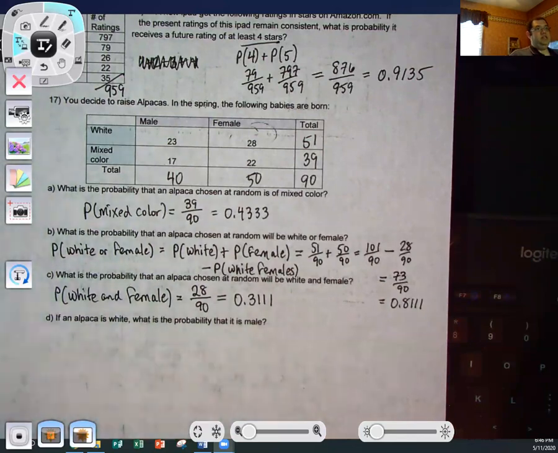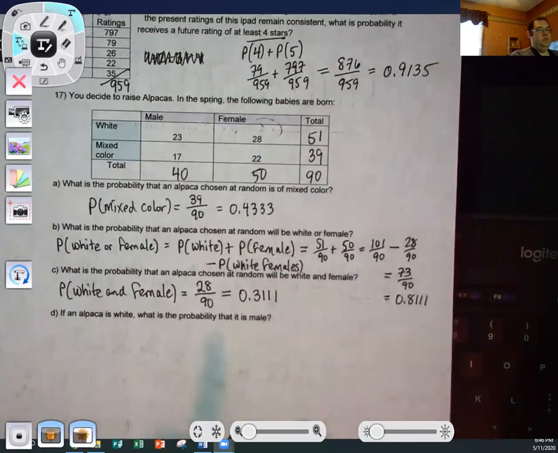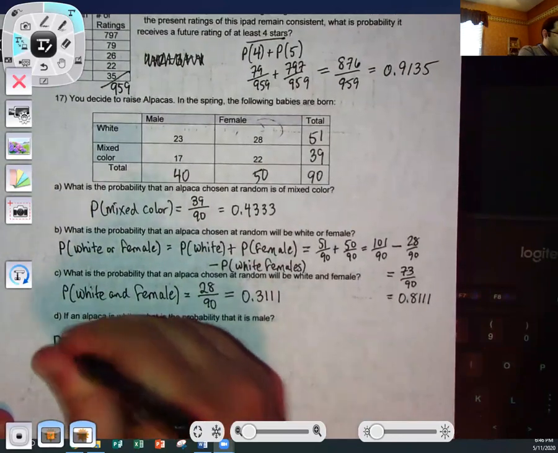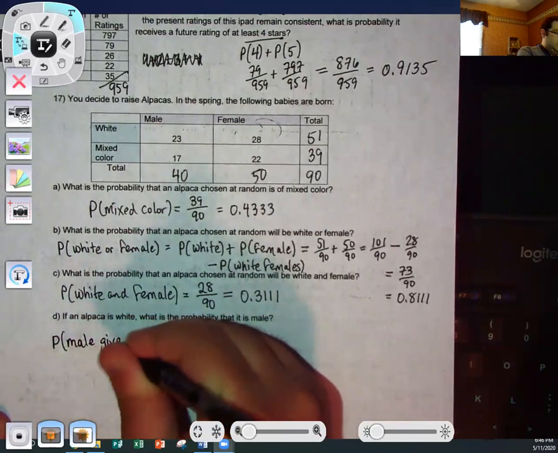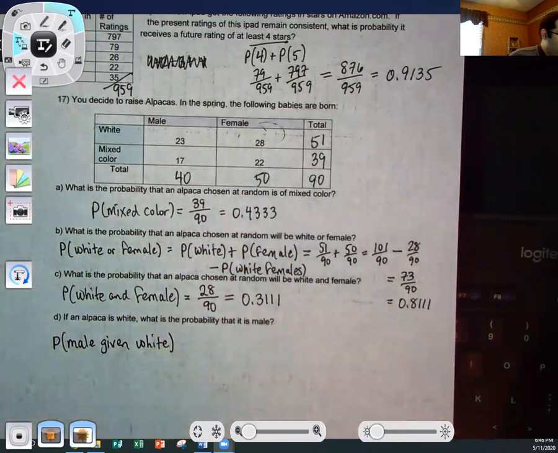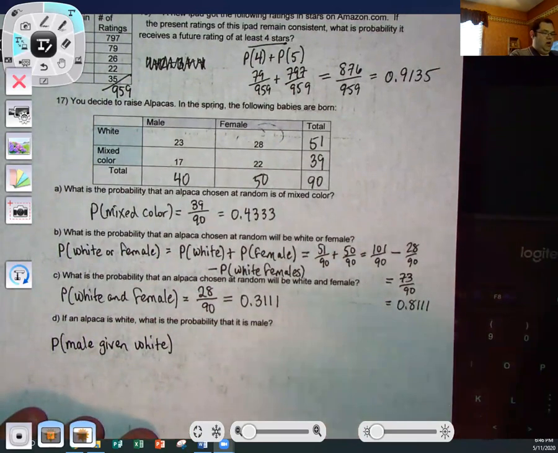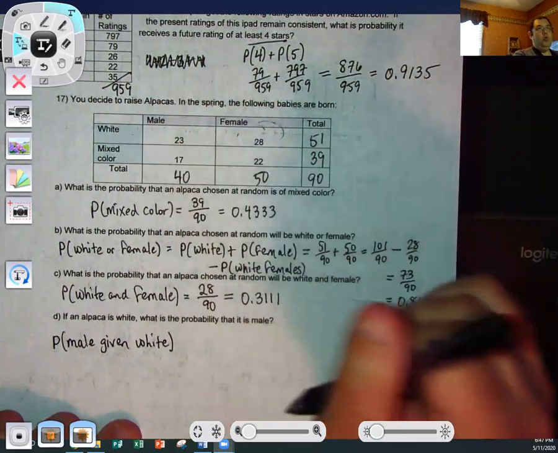Okay. So now the idea is set. The next question says, if an alpaca is white, what is the probability that it's a male? So I want to find the probability of a male given that it's white. Because we're only looking at white alpacas, that limits us to this first row only.